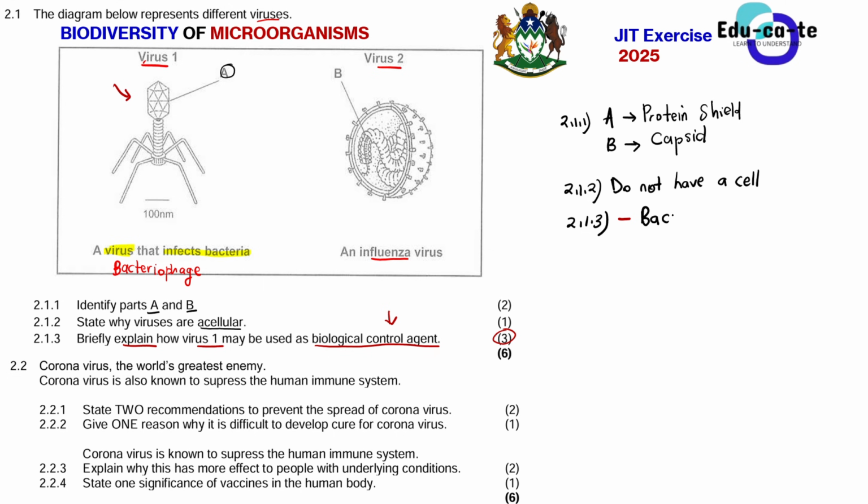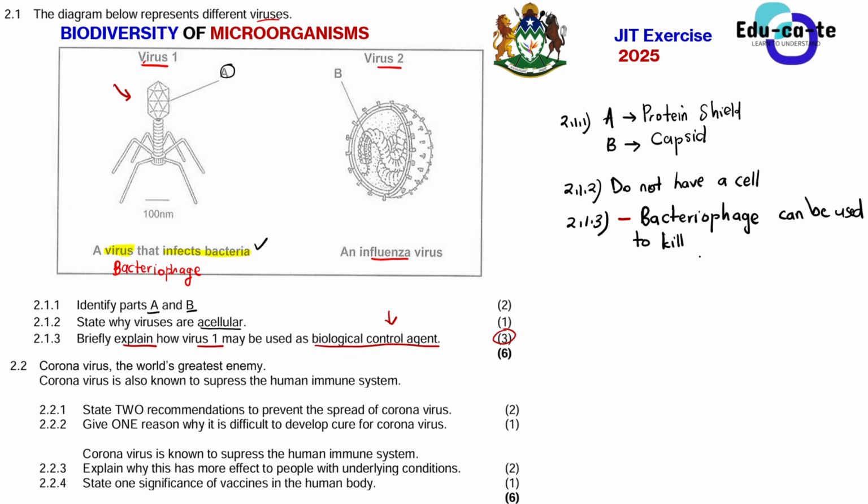So you say first the bacteriophage can be used to kill, because it's a virus that infects bacteria. It can be used to kill what? It can be used to kill bacteria.